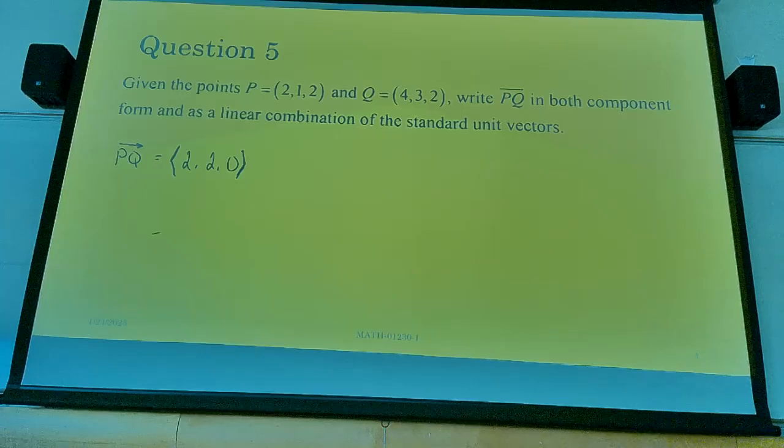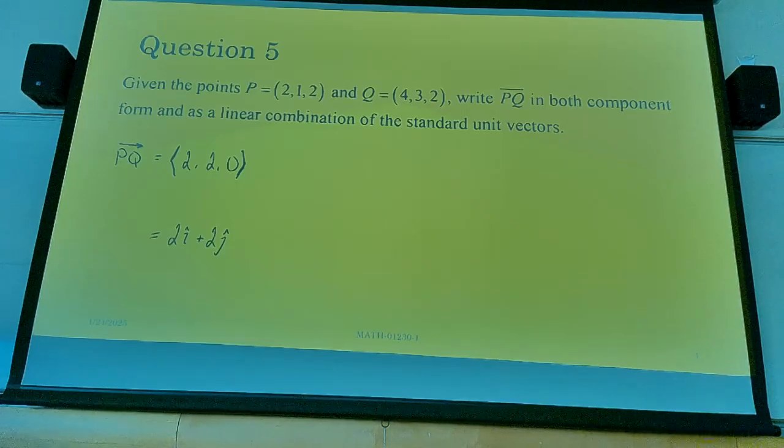Now write it as a linear combination of the standard units. So ijk form. 2i plus 2j. So that is not incorrect.